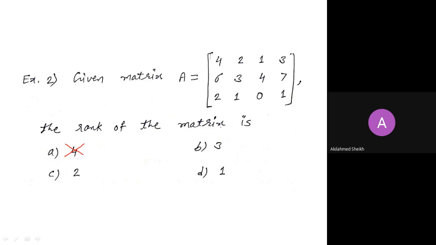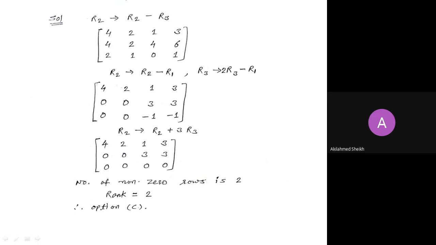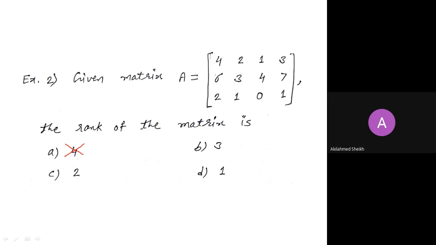Now here we have to use elementary row transformations. If you observe, this element is 4, not 1. This is 6 in the second row. If we make 6 minus 2, we get 4. Then we can easily make R1 minus R2, so we use this transformation. We make R2 minus R3 so that 6 minus 2 gives 4, and this 4 can easily be made 0.